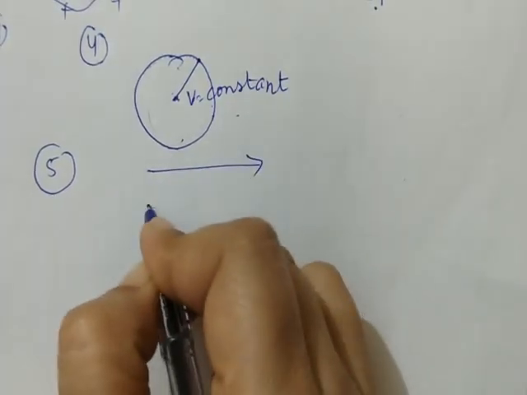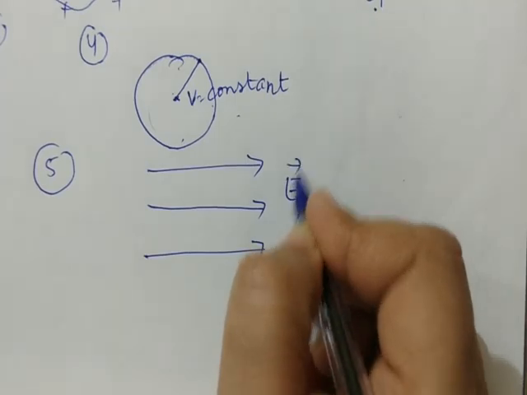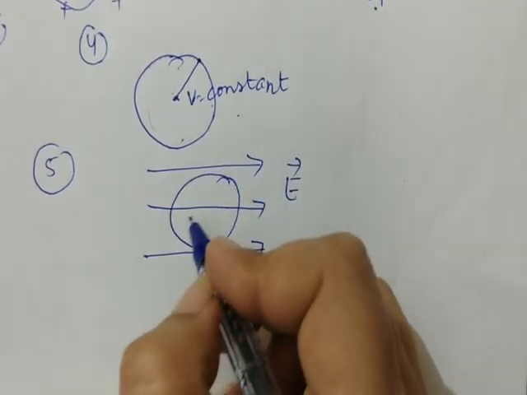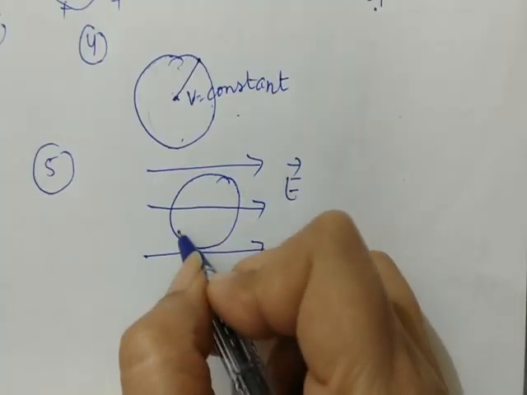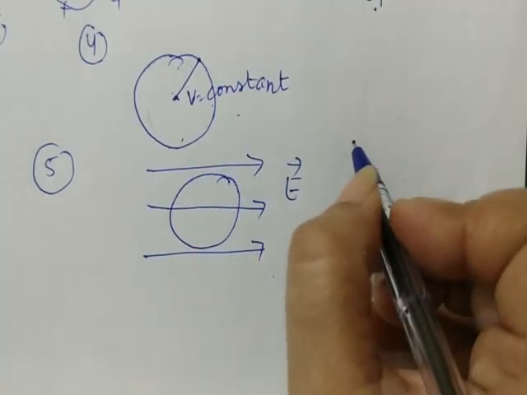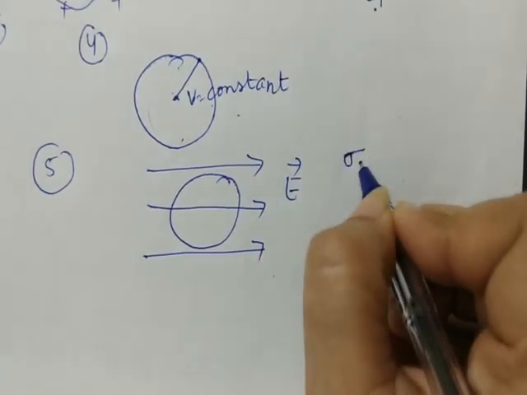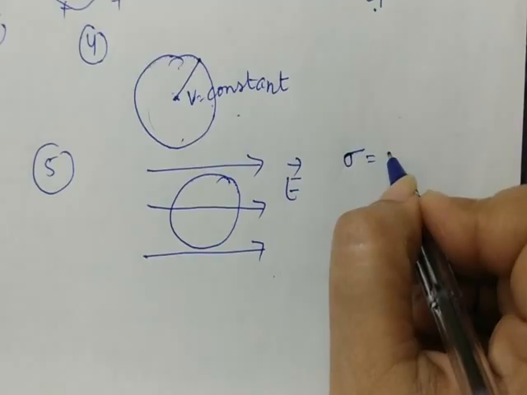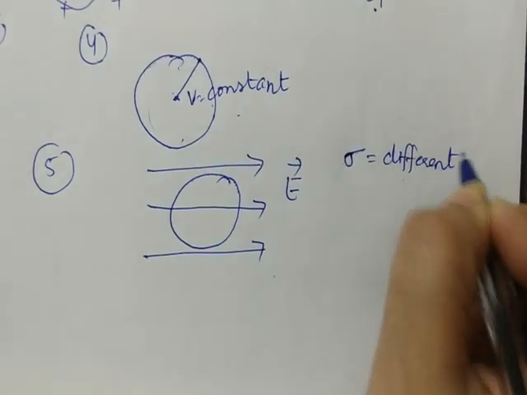Suppose an electric field is already present in this area and a conductor is placed here, then the surface charge density at the surface of this body will be different at different places. Sigma will not be the same, it will be different at different places.